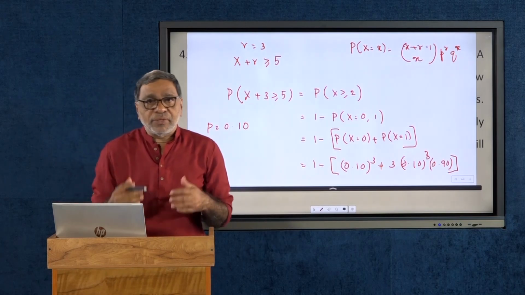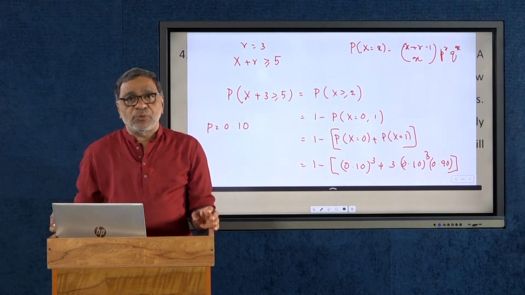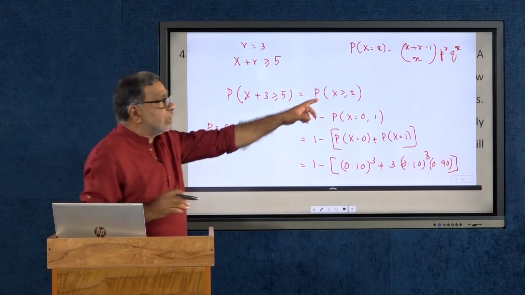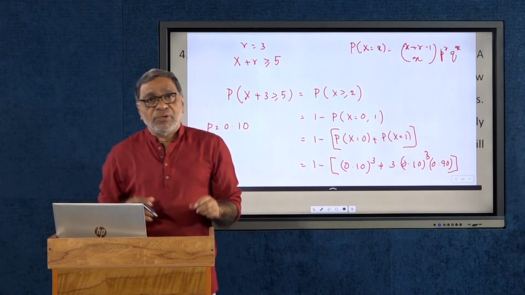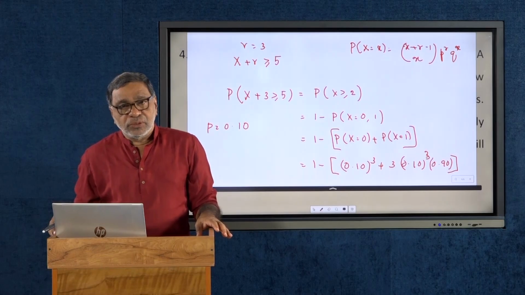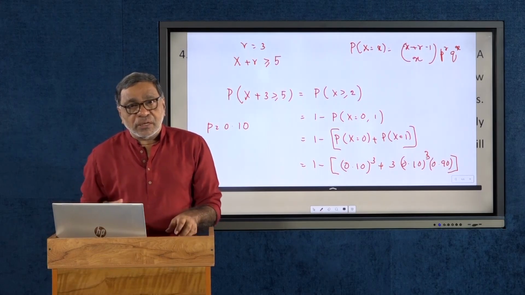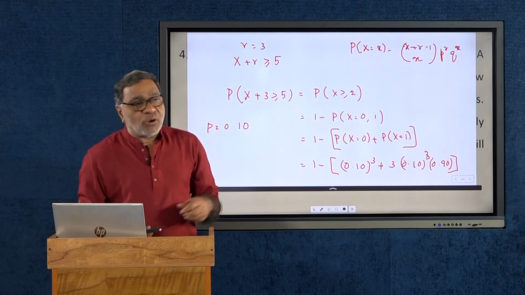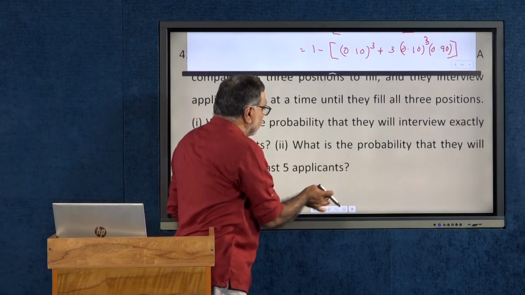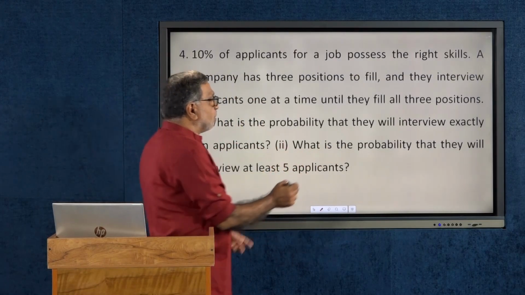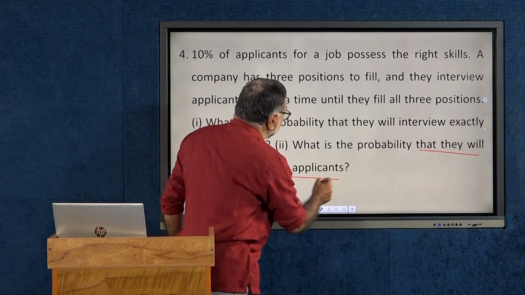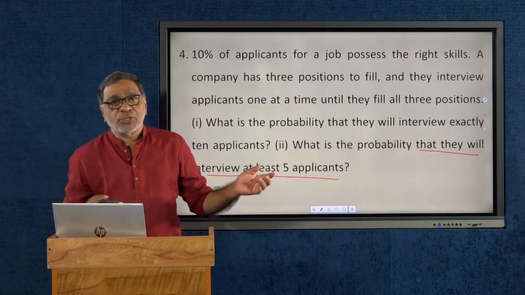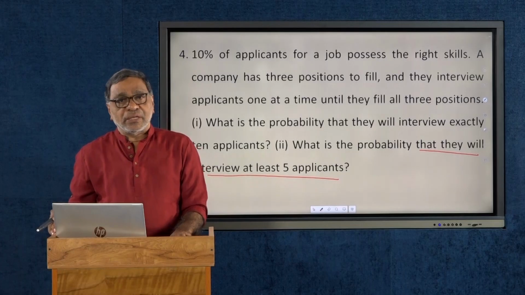So, when we are substituting x is equal to 0 and x is equal to 1 in this expression where r is equal to 3, we will have the probability value. So, if we are finding the probability of this particular event, that is what is the probability that they will interview at least 5 applicants, that was the answer.